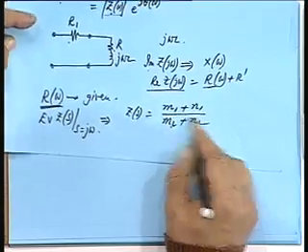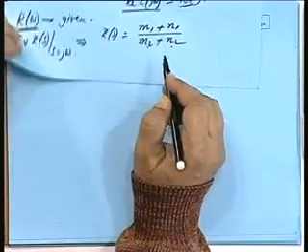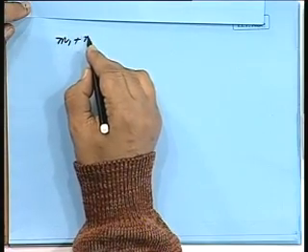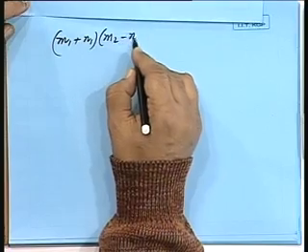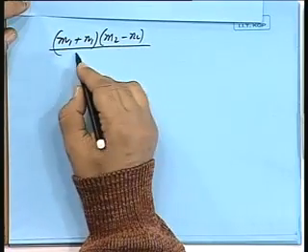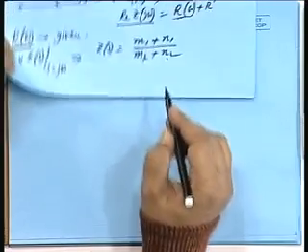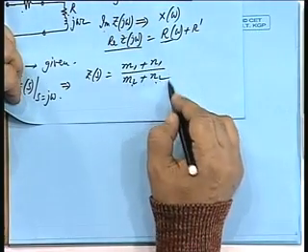M1, M2 are the even parts, N1, N2 are the odd parts. So, if I try to find out the even part and the odd part separately, then it will be M1 plus N1 into M2 minus N2 divided by M2 squared minus N2 squared. I have just multiplied by M2 minus N2 on both sides.